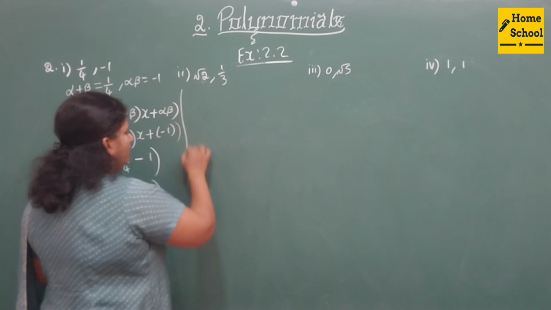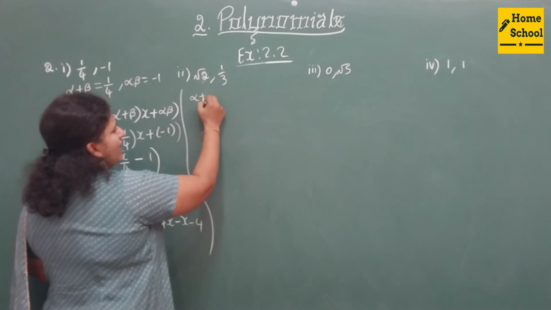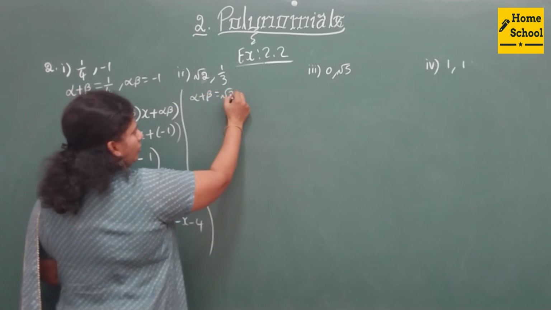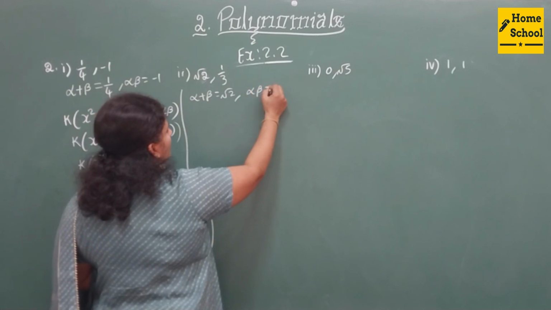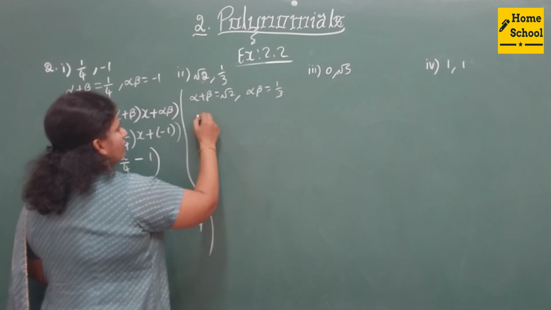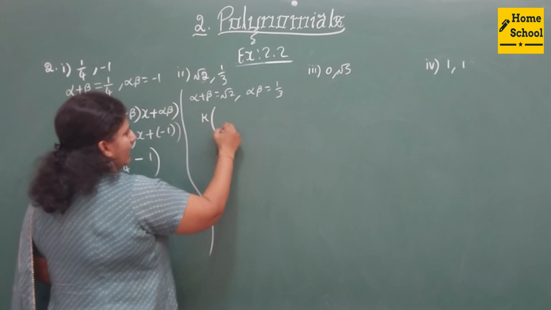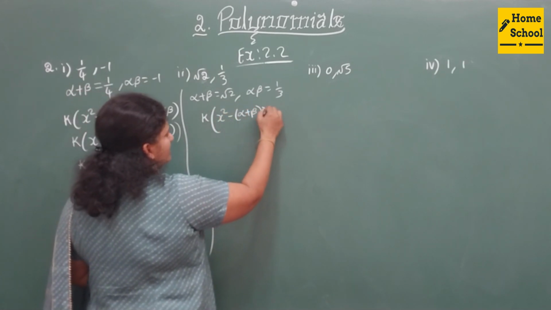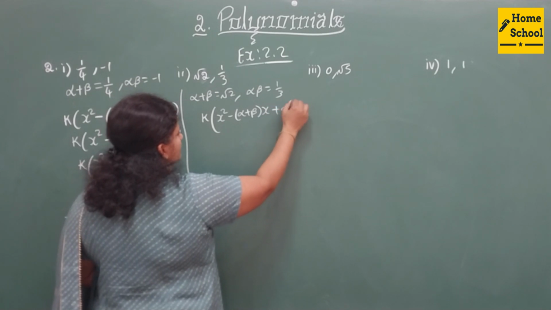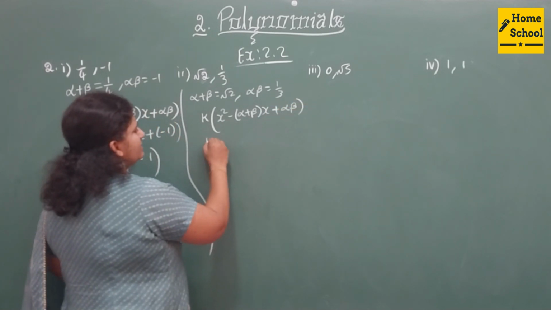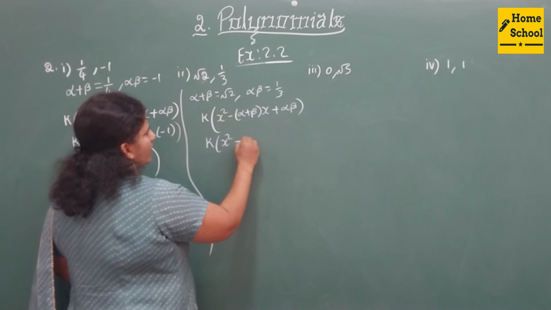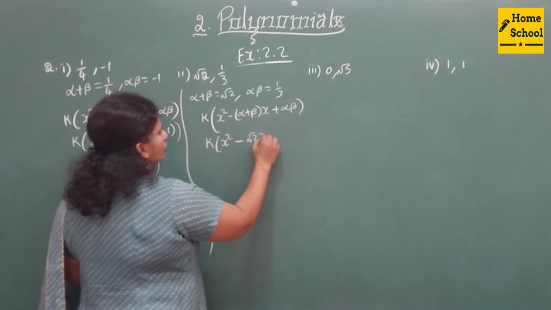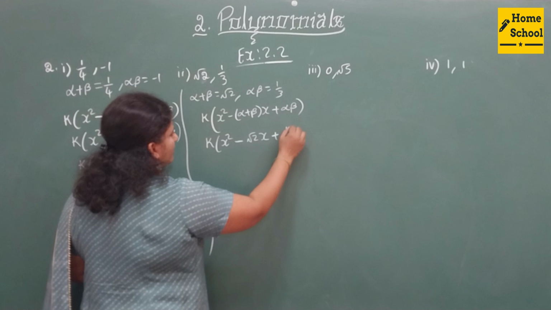See the second one. Given alpha plus beta equal to root 2 and alpha beta equal to 1 by 3. Formula, k into x square minus alpha plus beta into x plus product of the zeros. That is k into x square minus root 2x plus 1 by 3.